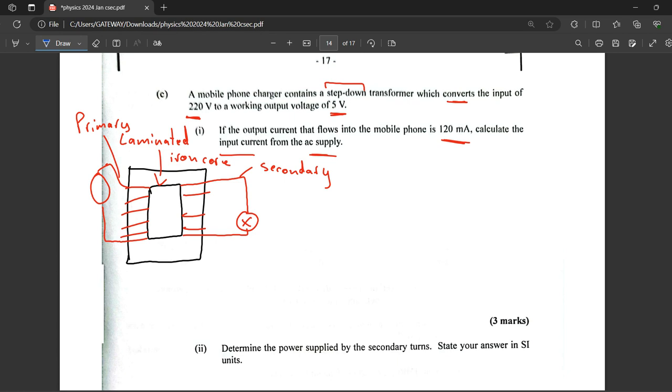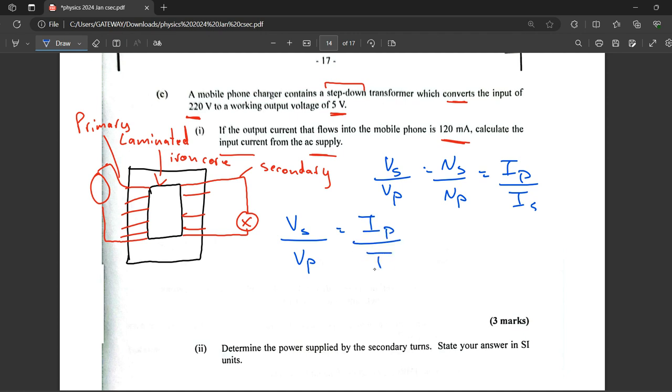The formula we need to use, we can use Vs all over Vp is equal to Ns all over Np, and that is equal to Ip all over Is. But we don't have the number of turns, so we could just omit the Ns over Np. What we are going to end up with is Vs all over Vp is equal to Ip all over Is.